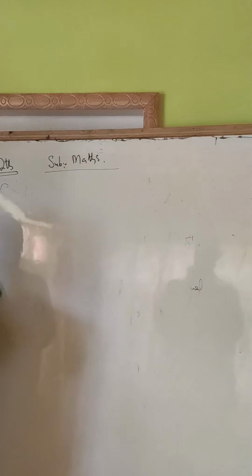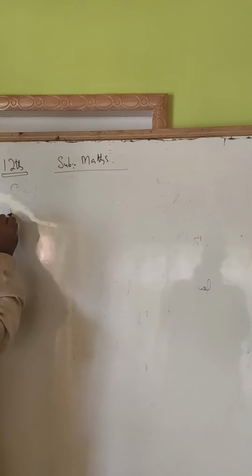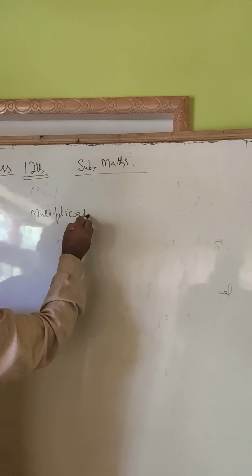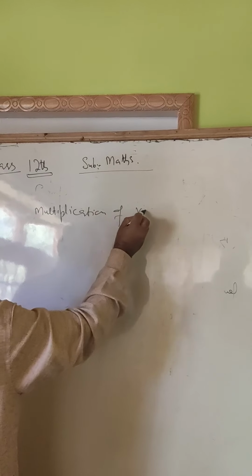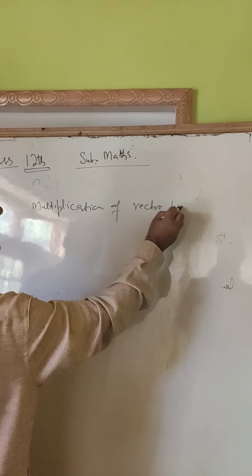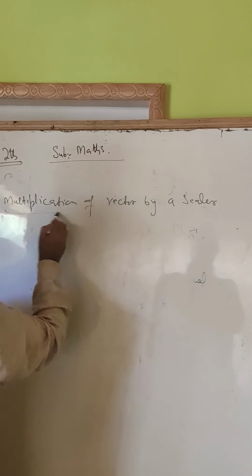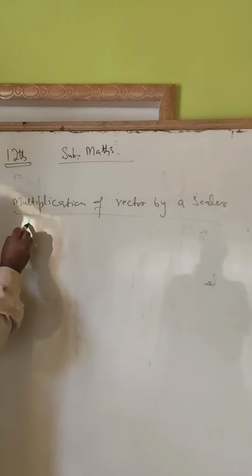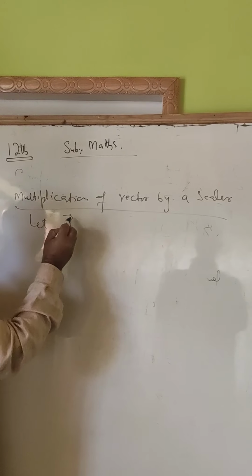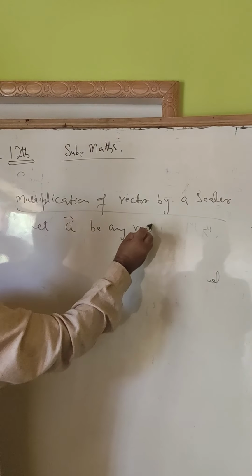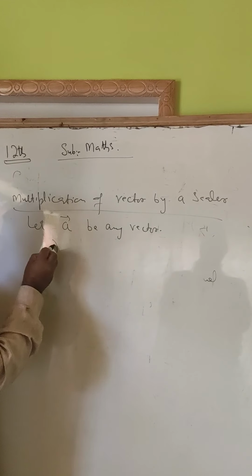अब हम थोड़ा जान लेंगे multiplication of a vector by a scalar. Let a be any vector. Lambda be a scalar.